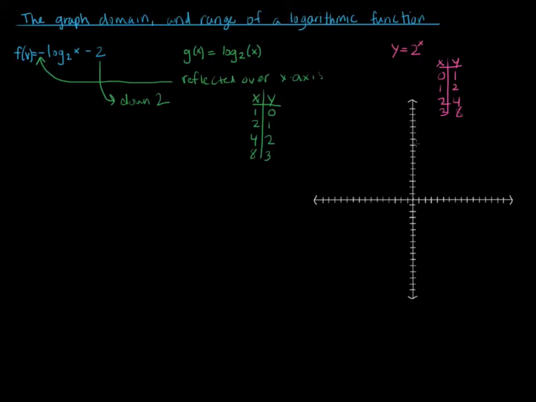We also know that it's going to have an asymptote at x equals 0. So let's try to draw this asymptote. Alright, so drawing in this asymptote here.